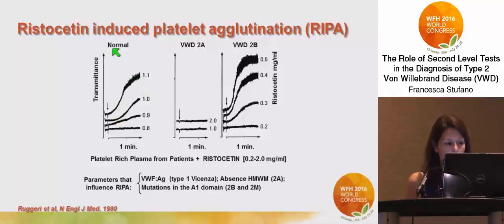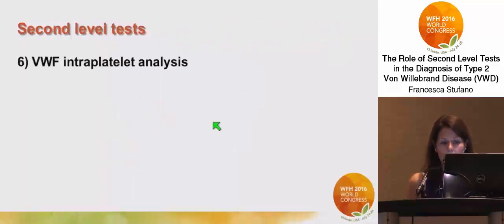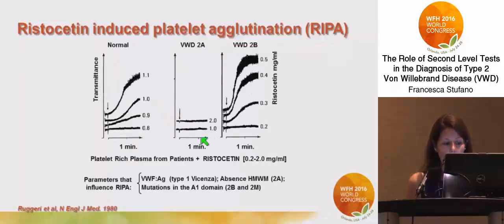So we can see a curve made on normal individuals where agglutination is reached with a concentration of 1.1 milligram per ml of ristocetin.